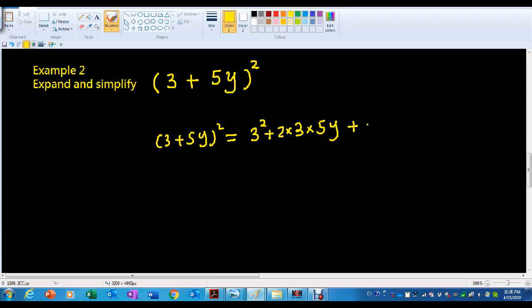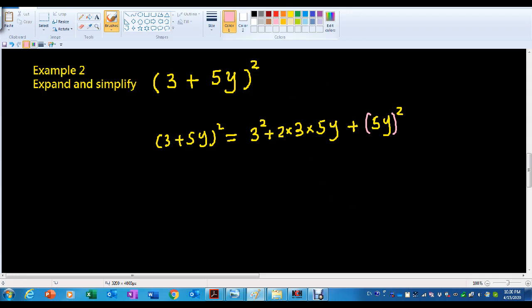And you square the last term. Because you're going to square it, but there are 2 numbers in the term, you can't just square it like this. You need to add a pair of brackets to protect it.